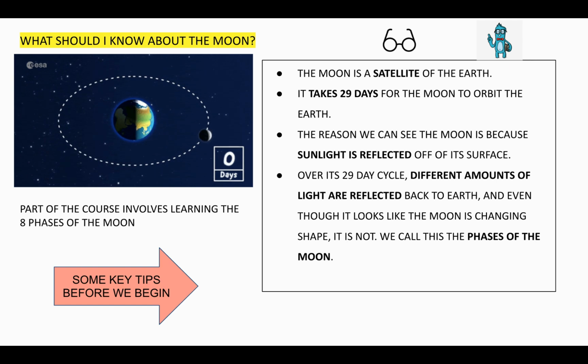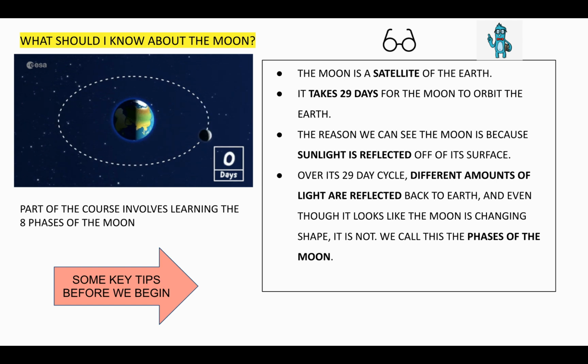So the patterns of the lunar phases are actually quite predictable. Okay, so we can predict what the moon should look like in a day's time or a week's time in our night sky. The reason we see the moon is because sunlight is reflected off of its surface. Do you know the same way that light reflects off of mirrors? Well, it's the same idea. The sun is reflected off the surface of the moon.